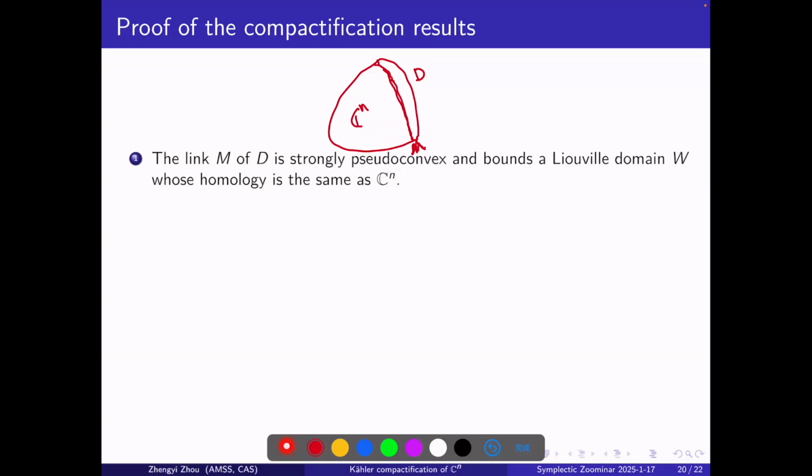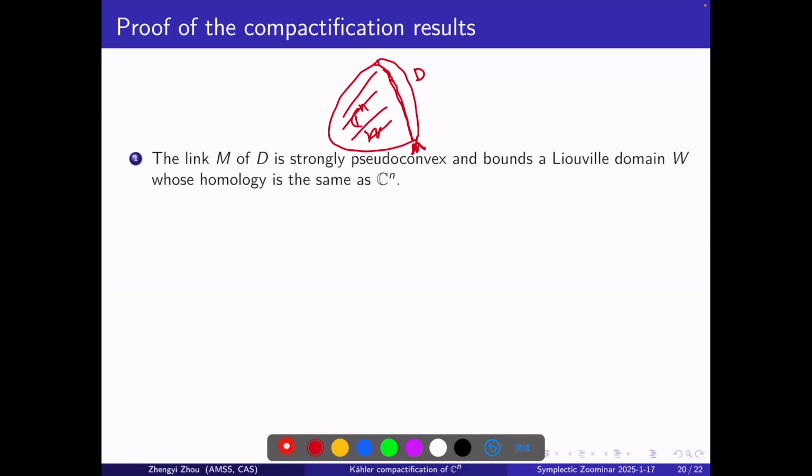So in particular, by a result due to Hörmander, the domain bounded by it, this W, is a Liouville domain. And you can compute the homology of this N, D, and everything.